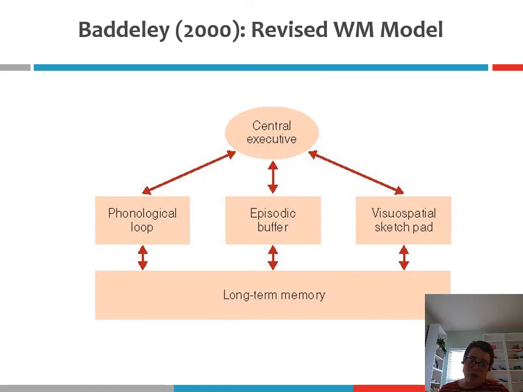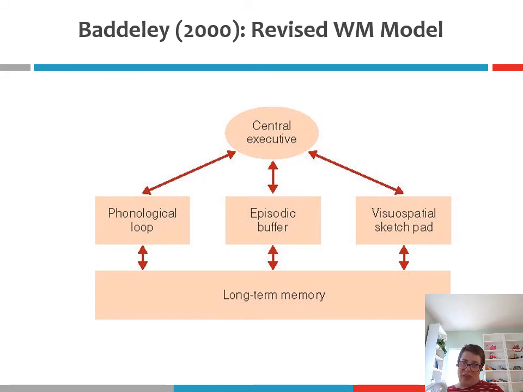So if we are reading about birthday parties, right, while we are holding the words in our mind and putting them together, we're also able to think about our last birthday party and think about that experience, maybe the kind of cake that we had, or the gifts that we received, or the guests that we had at our party, right?